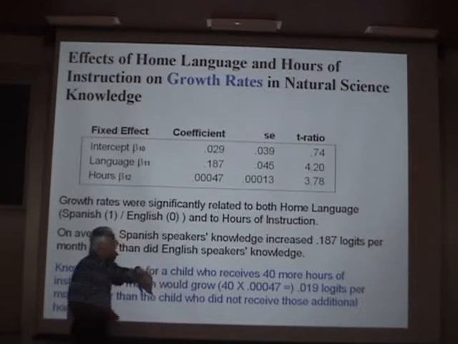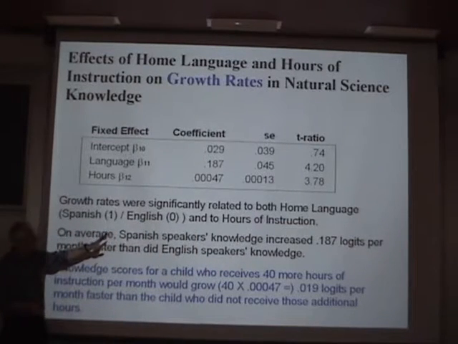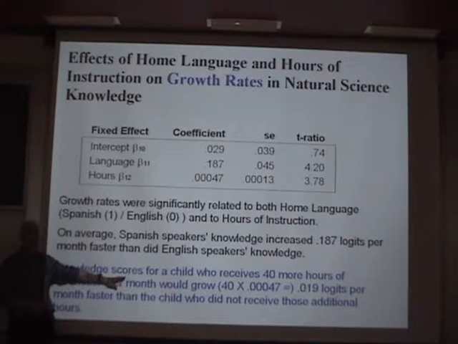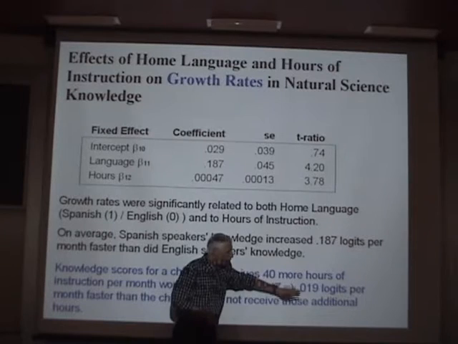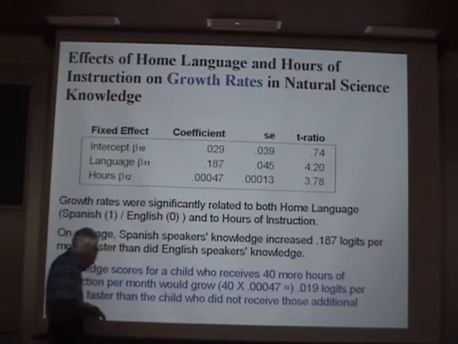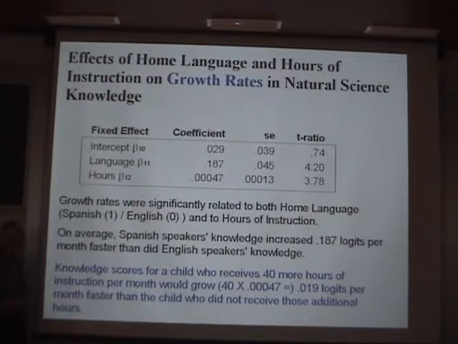So what it's saying is 0.00047, that's per hour. So if we gave the kids 40 more hours of instruction in a month, then we would expect 40 times that value, or 0.019 logits per month, faster than a child who did not receive those additional hours. So hours of instruction is having an effect on their trajectories, on their growth rates, which is good.